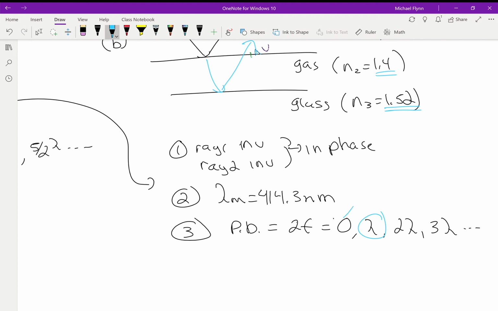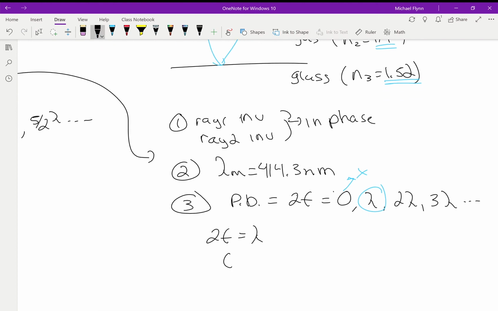We're not going to count that one because it says non-zero. So therefore 2t equals a wavelength, and therefore the thickness equals the wavelength divided by 2. So I'm going to go 414.3 divided by 2, 207 nanometers. All right, so that is how you do textbook questions on thin film interference, guys.